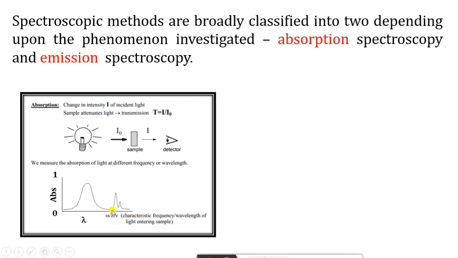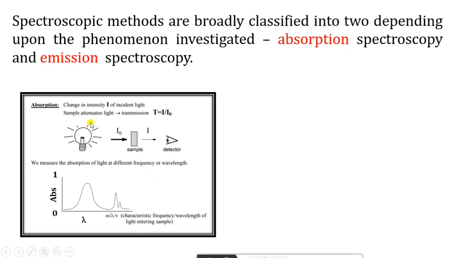and you will get an output, or a graph, showing how much radiation with a particular wavelength or frequency is absorbed by that molecule. That is absorption spectroscopy.